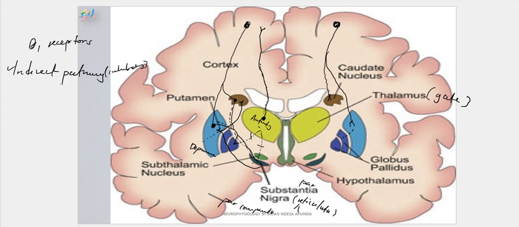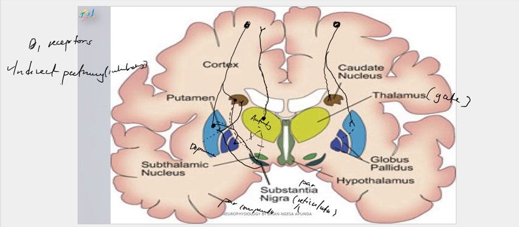So we are sending a signal to the globus pallidus externa, and this is an inhibitory signal. So remember, the inhibitory neurotransmitter of choice is gamma-aminobutyric acid, the GABA.